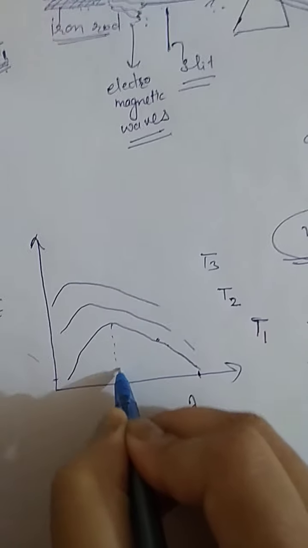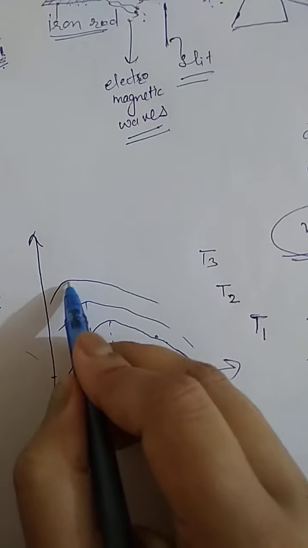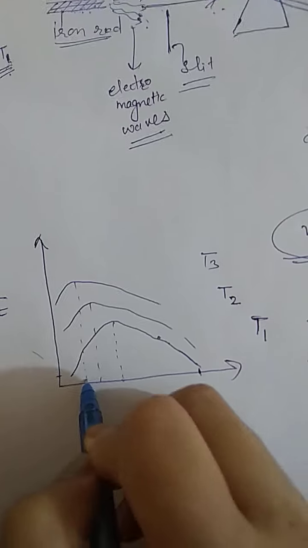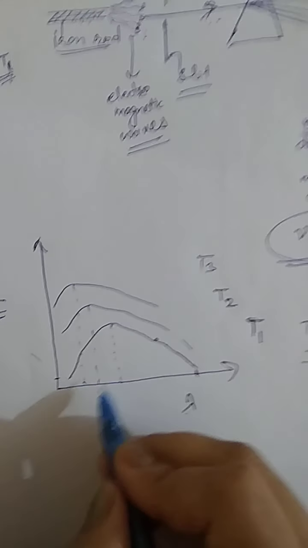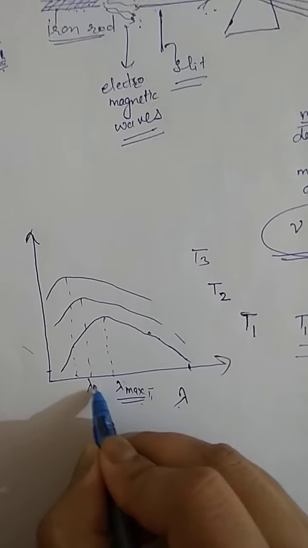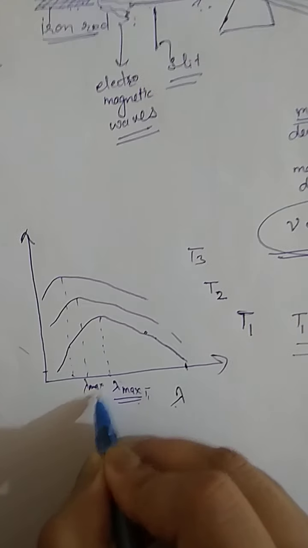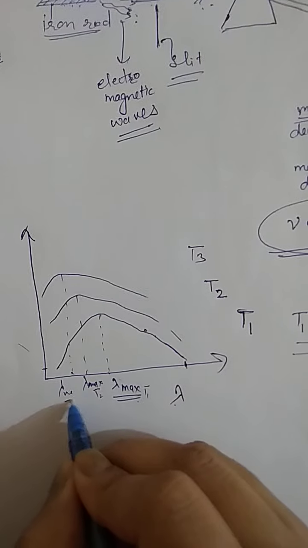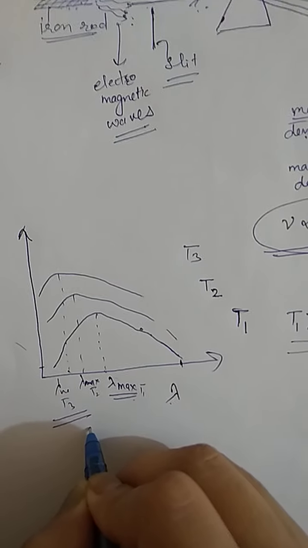The point where the value of wavelength is maximum, we denote by lambda max: at T1 lambda max, at T2 lambda max, at T3 lambda max.